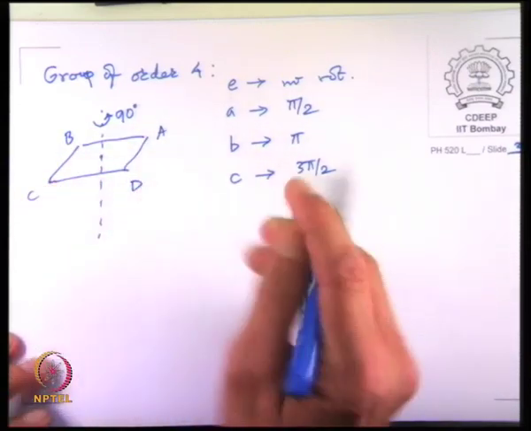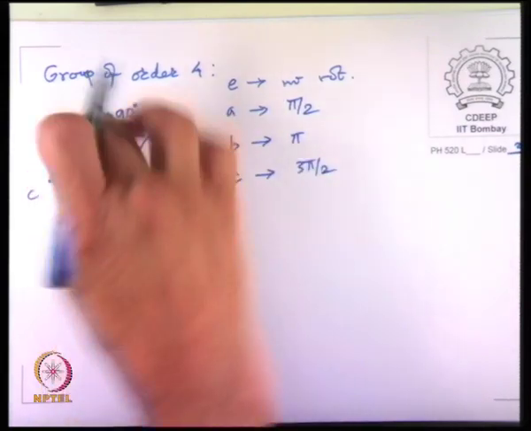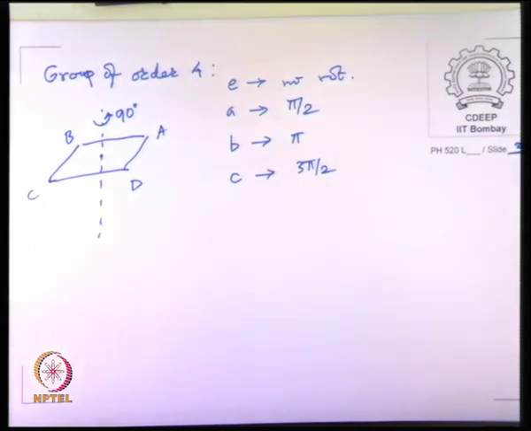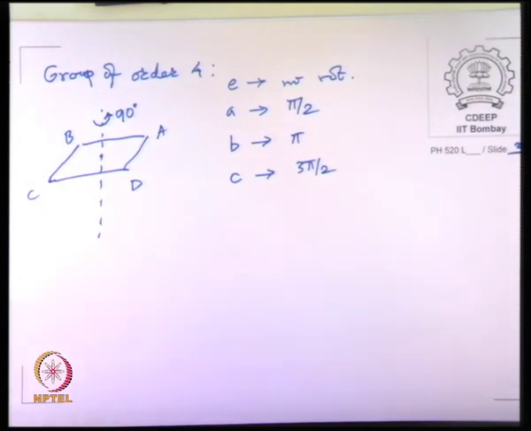So if you perform any operation, then the configuration will change. Okay. But the square is just a generic square. So the A, B, C, D label is only for remembering what happened to it. Do not mix up the configuration with the operation.